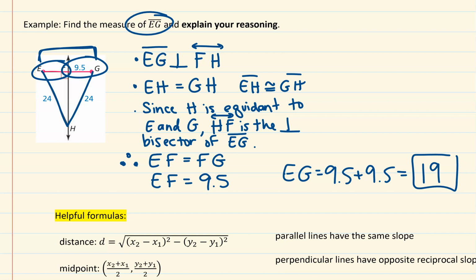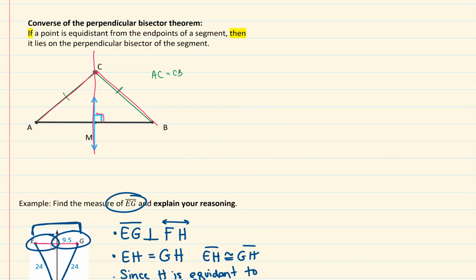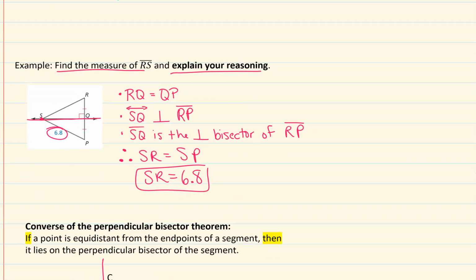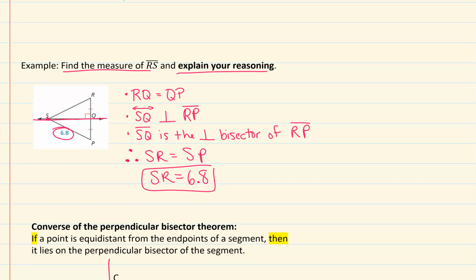So what are the necessities for the reasoning? So it depends on what we know. So we need to be able to say, like, if we're going to use the perpendicular bisector theorem, the first one, we needed, I'm going to zoom out and scroll down. So for this one, in order to show that SQ was the perpendicular bisector, we could use that these two, QP and QR, were the same. So it bisected it and that it was perpendicular.